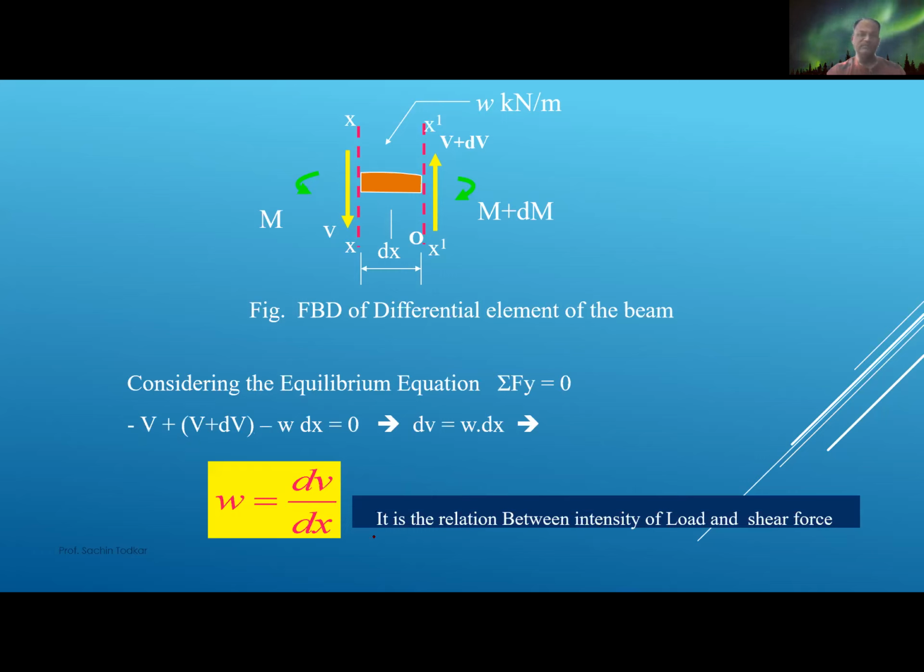The intensity of load and shear force, that just now I have explained. That is, if I take the derivative of shear force with respect to length, I'll get the loading. These two relations we have to remember forever for your lifetime.